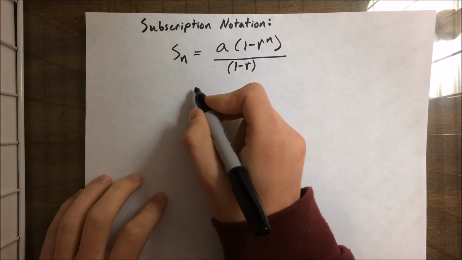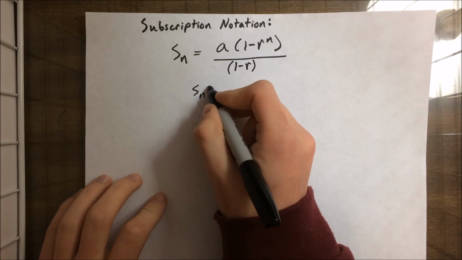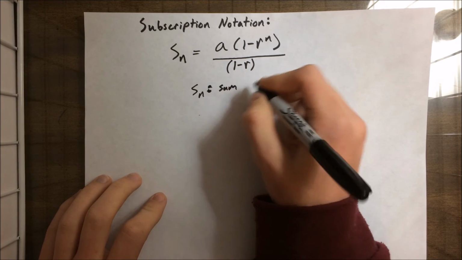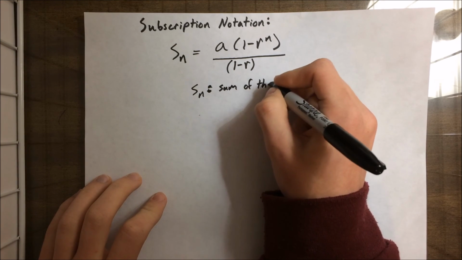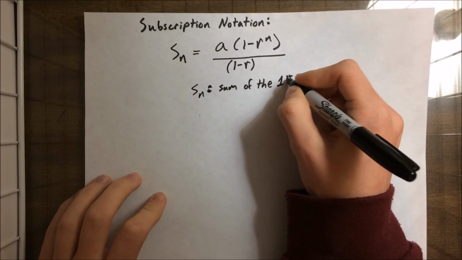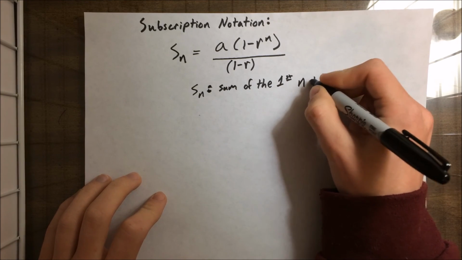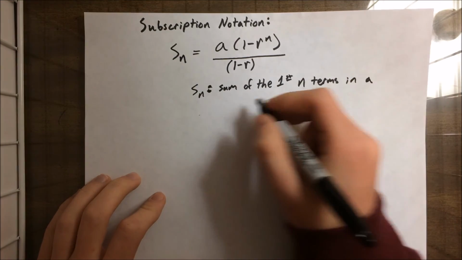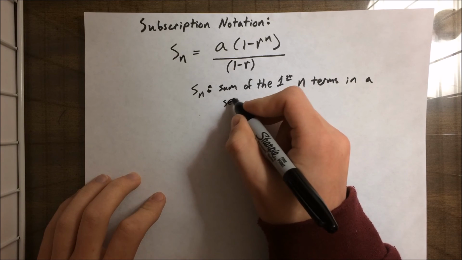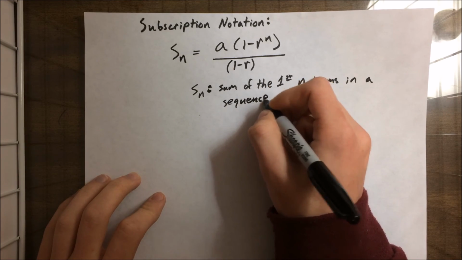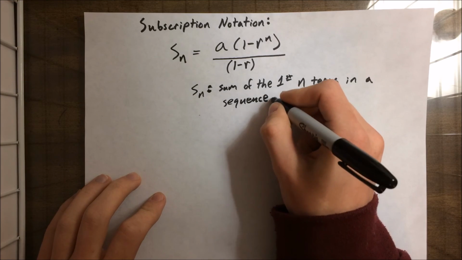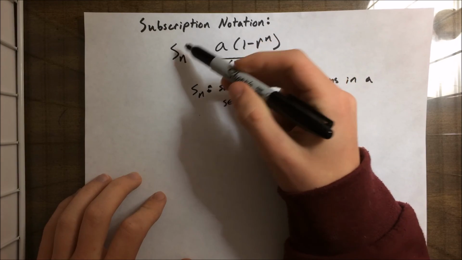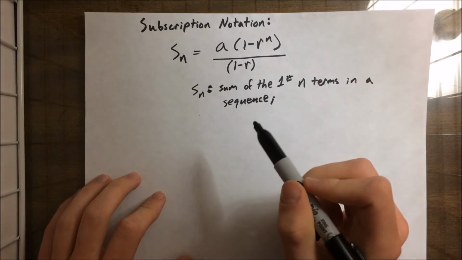In this, S sub n is the sum of the first n terms in a sequence. And also if you're starting from n equals 0, you're actually taking S sub n plus 1, and I'll show you more about that later.